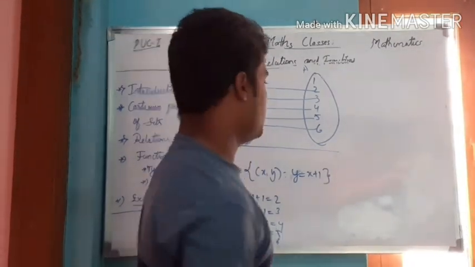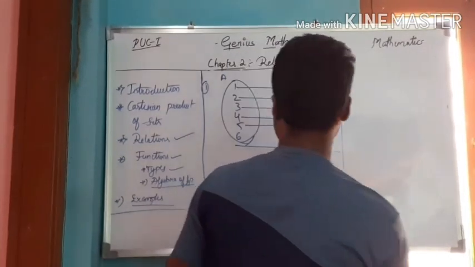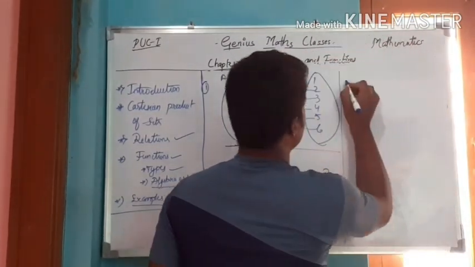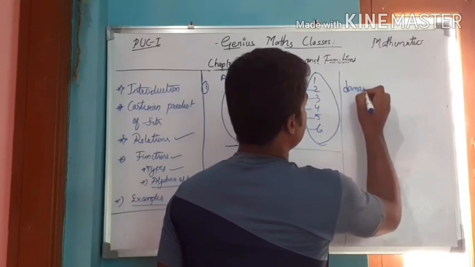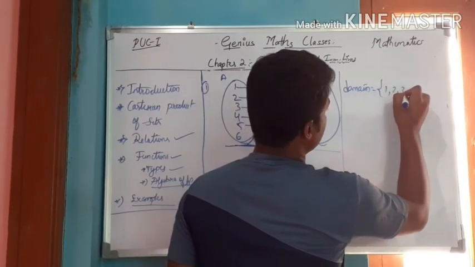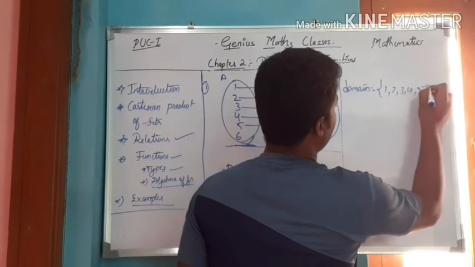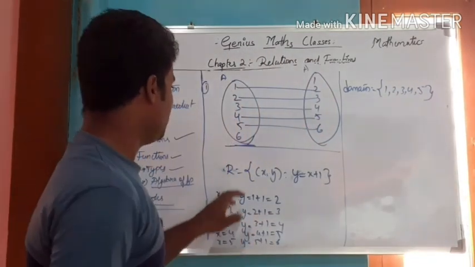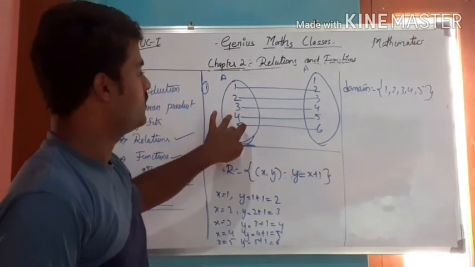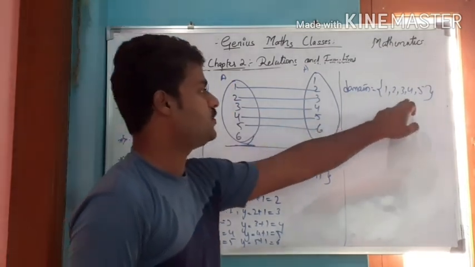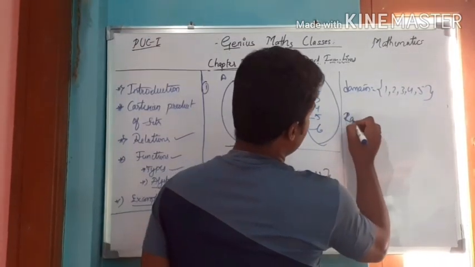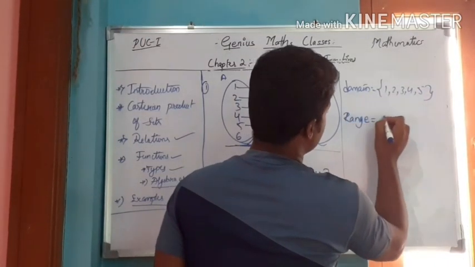So what is the domain here? The domain is the set of all first elements. Therefore, domain equals {1, 2, 3, 4, 5}. So what is range? Range is the set of images.